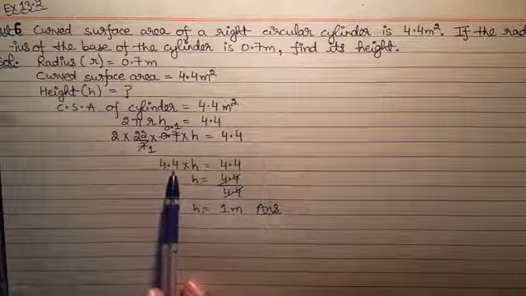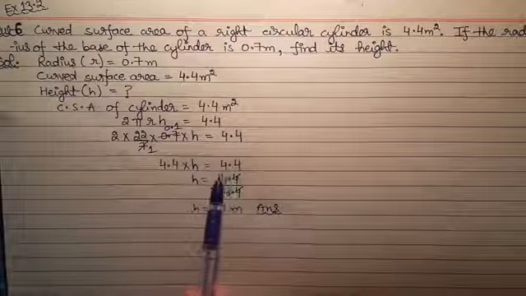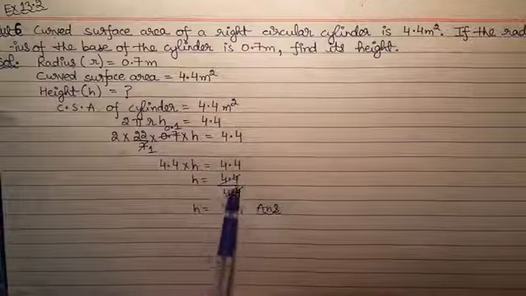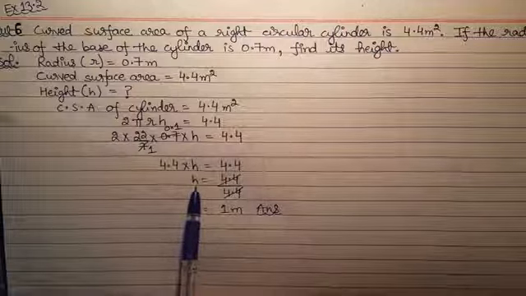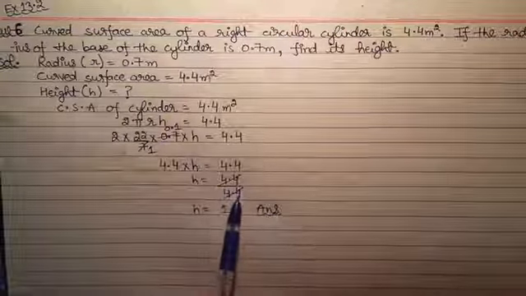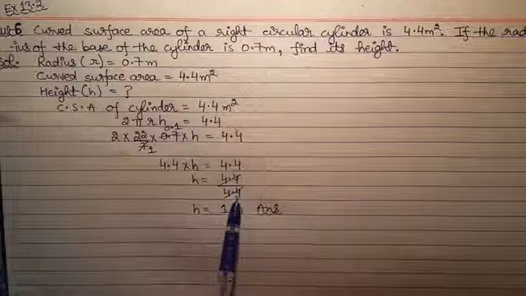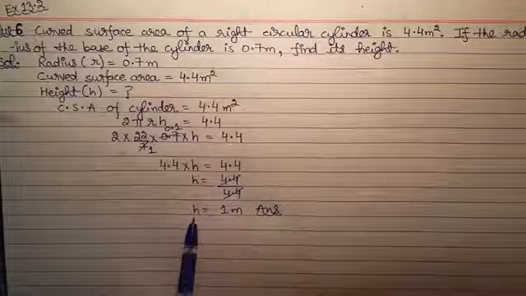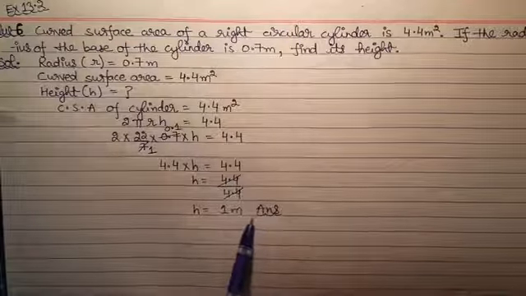When 4.4 transposes to right hand side, it will divide the 4.4. Here now height is 4.4 divided by 4.4. 4.4 and 4.4 will be cancelled out. We get height 1 meter, which is our required answer.